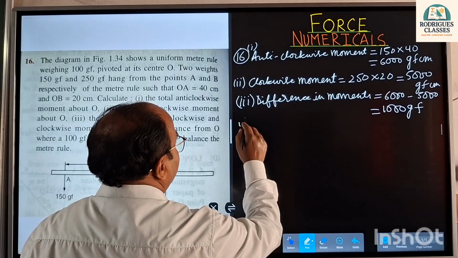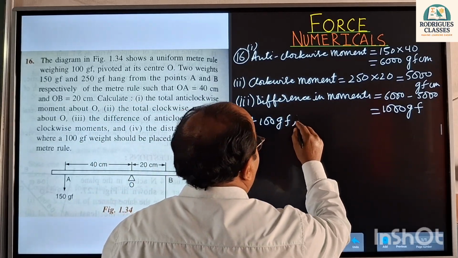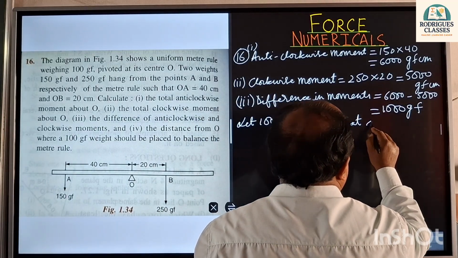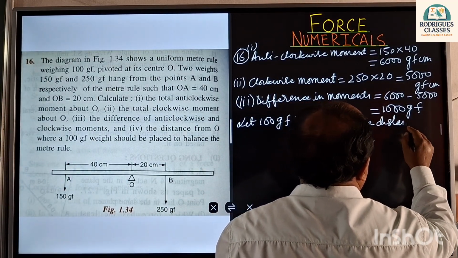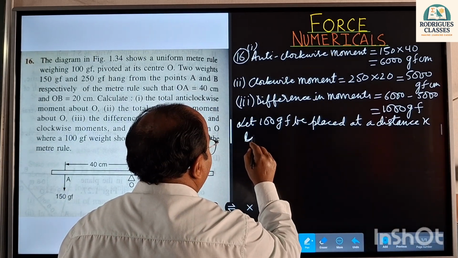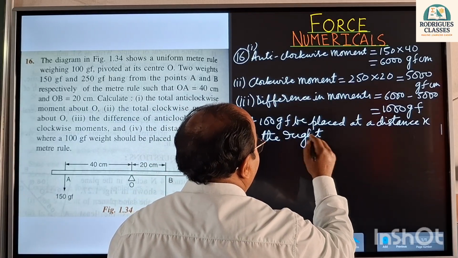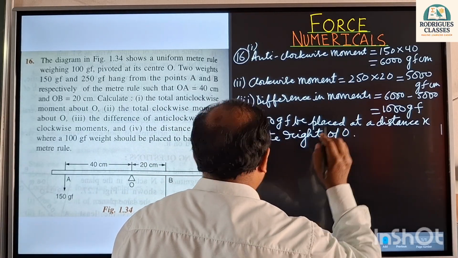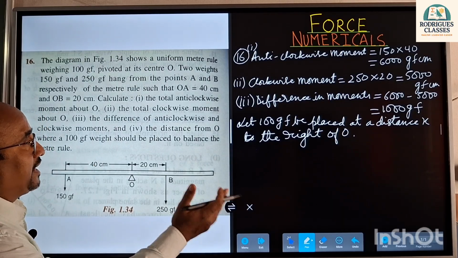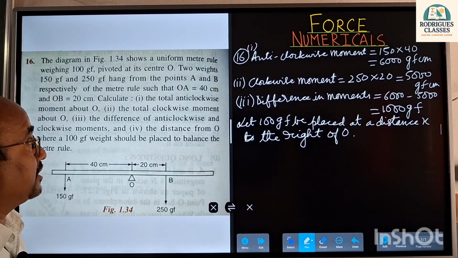So let 100 GF be placed at a distance x to the right of O. So we are placing it toward the right of O, so clockwise moment will change, anti-clockwise will remain the same.